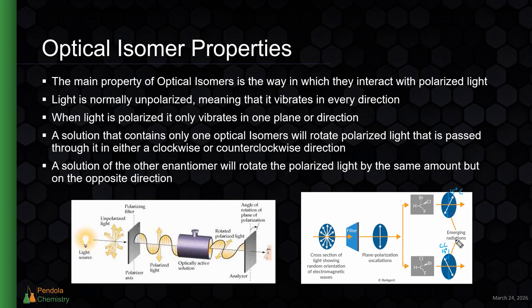So if this one goes to the right, this one goes to the left by the same amount. That's how optical isomers interact with polarized light, and also why they're called optical isomers, because they mess with the optics of polarized light.